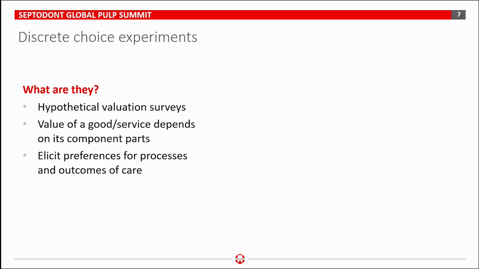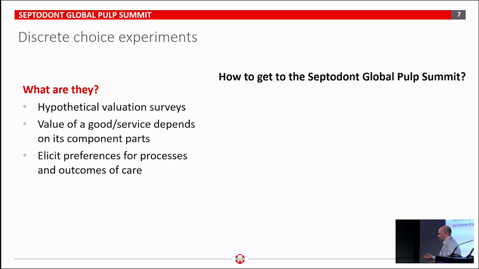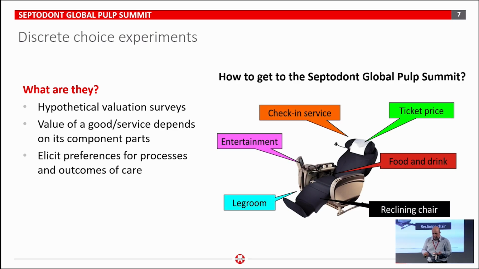Discrete choice experiments. So first of all, what are they? They're a hypothetical survey. They value goods and services, and the value of those goods and services and treatments and health technologies is based on the value we put on its component parts. So take an example of deciding how we're going to get to the Septodont Global Pulp Summit.